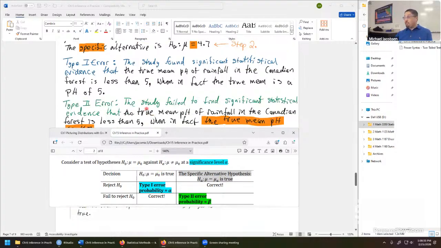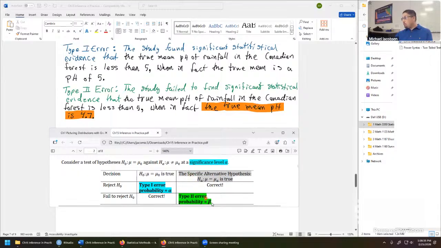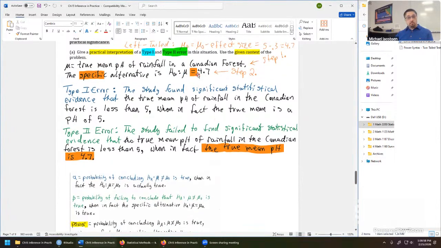Then when we went to write out the type 2 error, we in this case failed to reject the null hypothesis. That means instead of finding significant statistical evidence, we failed to find significant statistical evidence that the true mean pH of rainfall is less than 5, when in fact you have to say a specific alternative is true, and that is this value.